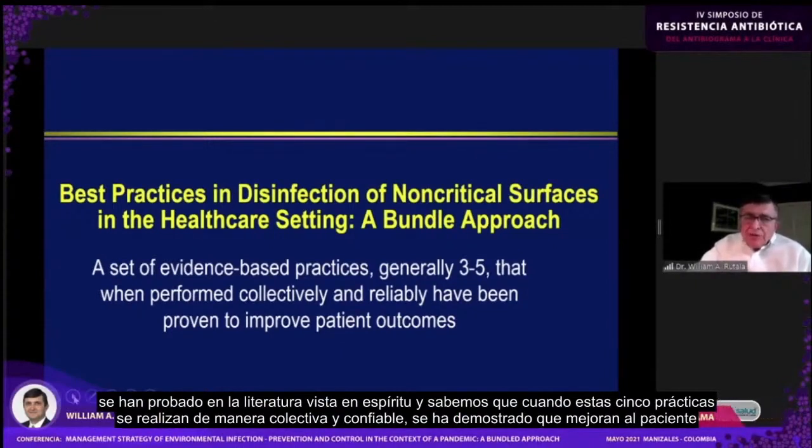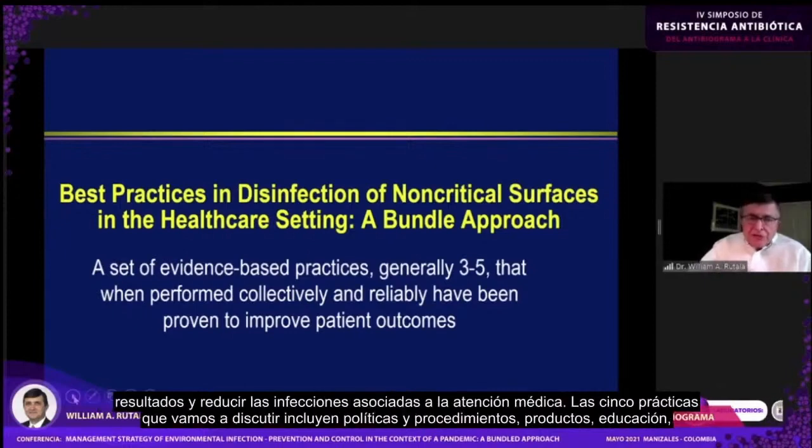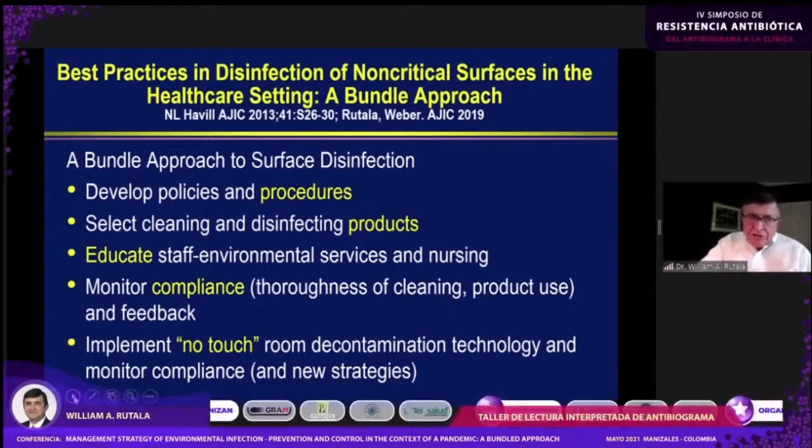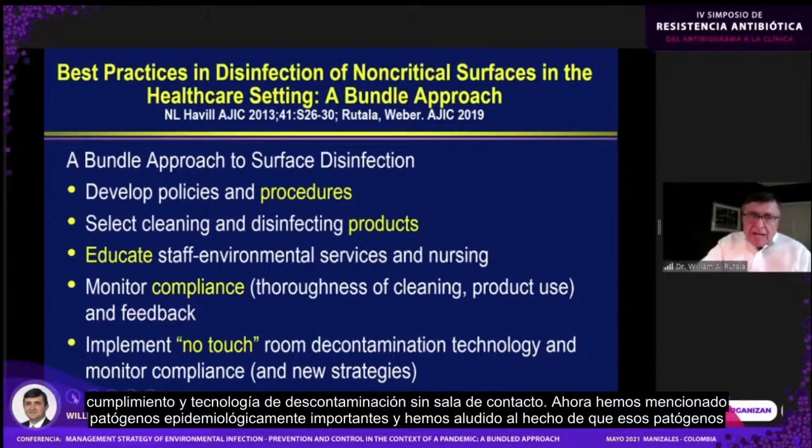And we know when these 5 practices are performed collectively and reliably, they've been proven to improve patient outcomes and reduce healthcare-associated infections. The 5 practices that we're going to discuss include policies and procedures, products, education, compliance, and no-touch room decontamination technology.